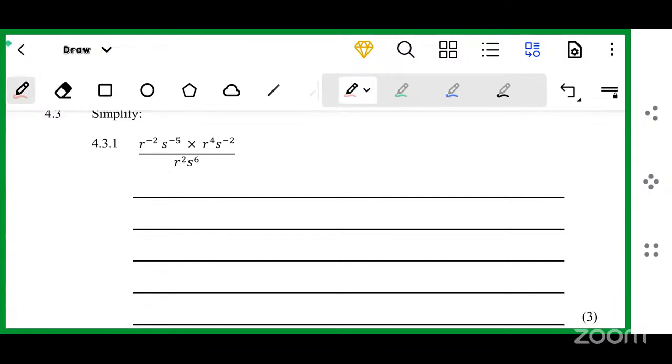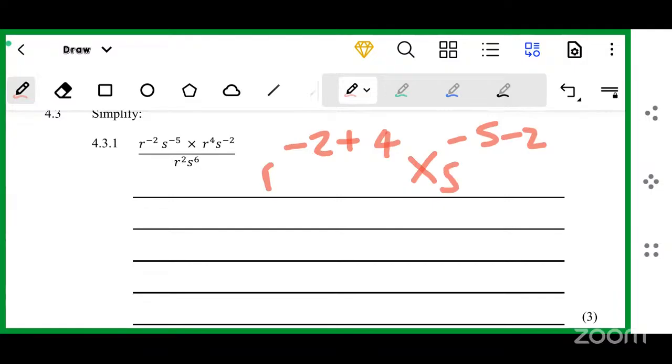So I said the exponent -2 plus 4, times -5, -2. We are forgetting the bases, R and S, on the left.